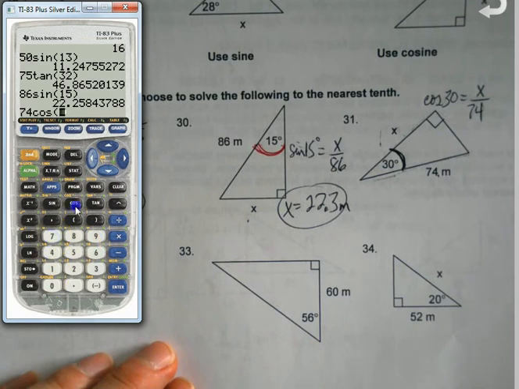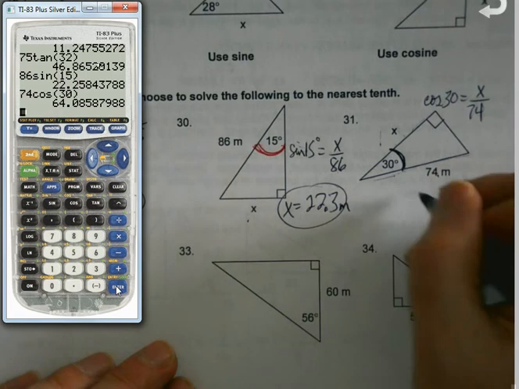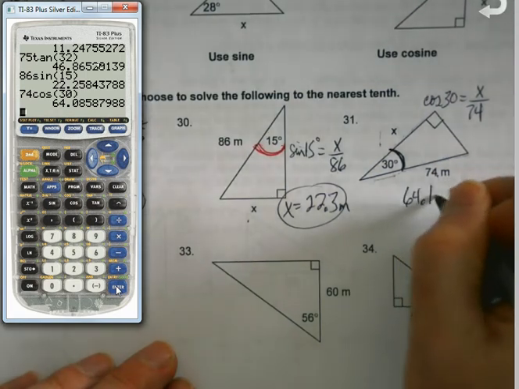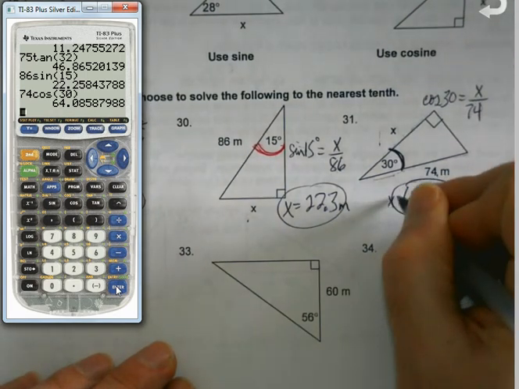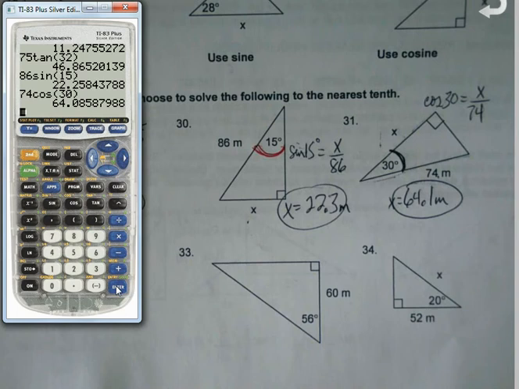So 74 times the cosine of 30. And I get my x that way. So really, as long as you don't mess up the function that you're using, life's usually pretty good with these.